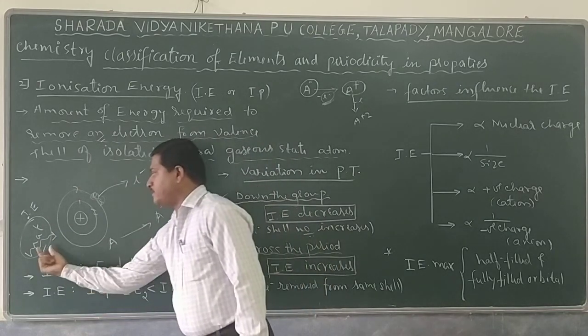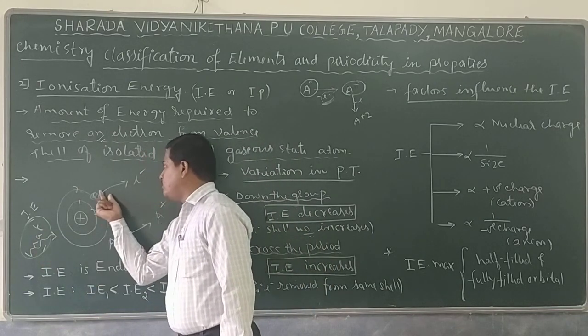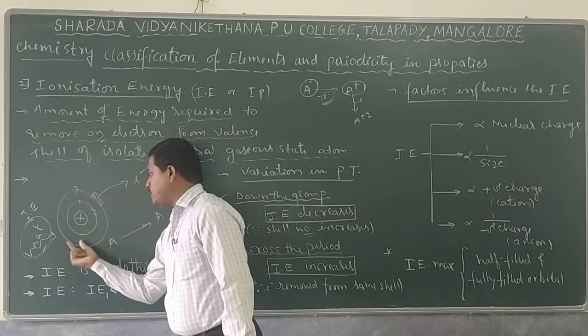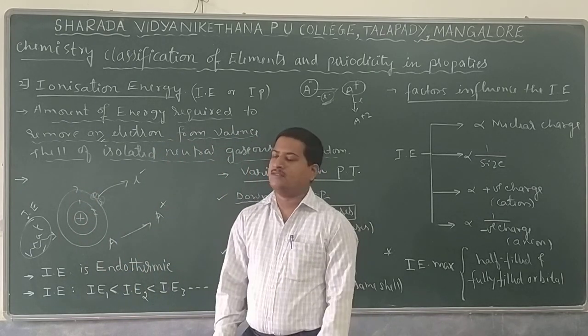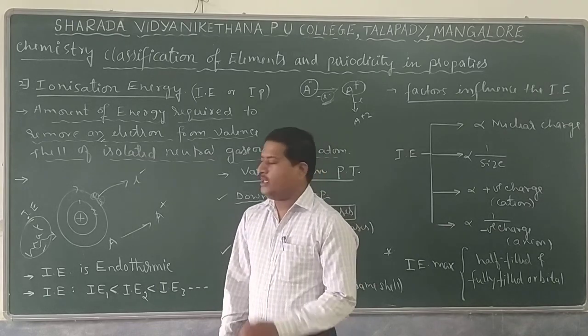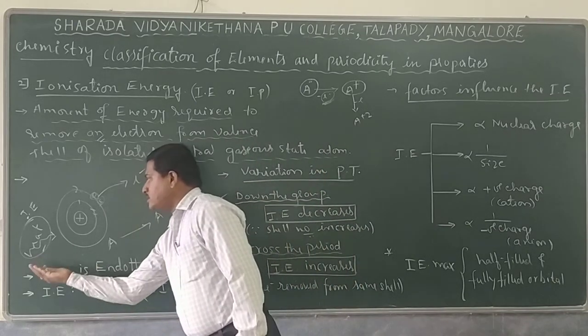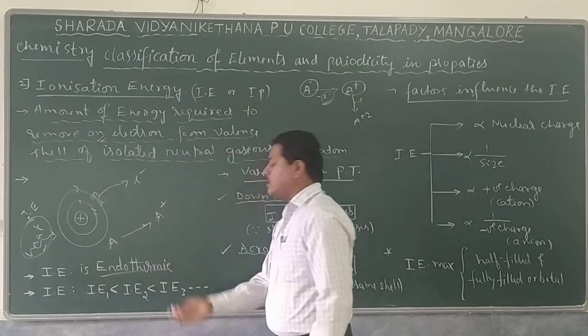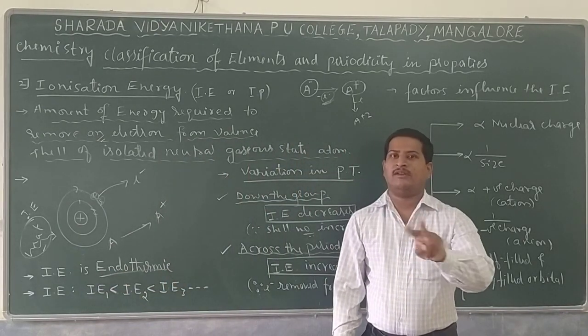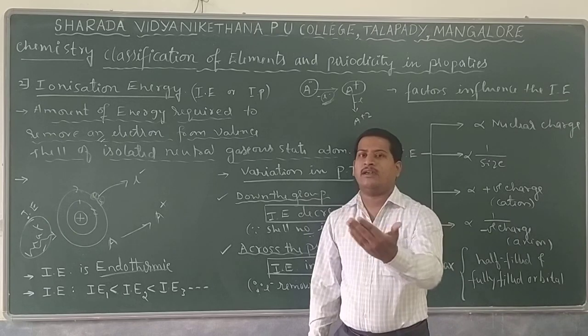So the amount of energy required to remove an electron from an isolated neutral gaseous state atom is nothing but ionization energy. Here the point to be noted: energy is to be supplied, and ionization energy is always endothermic. There are two types of thermal process, endothermic and exothermic.